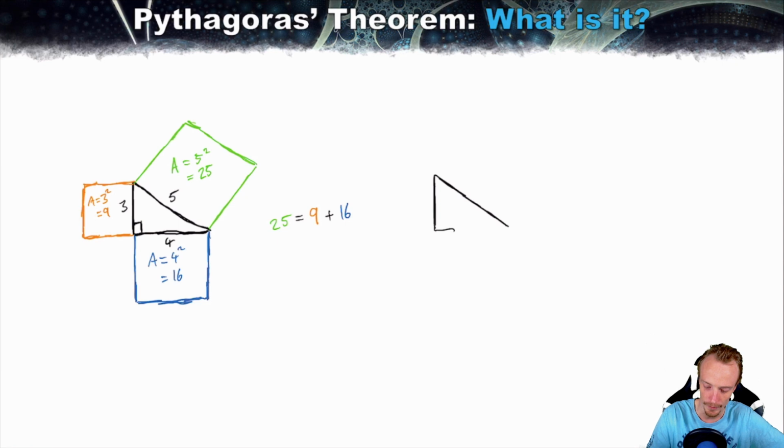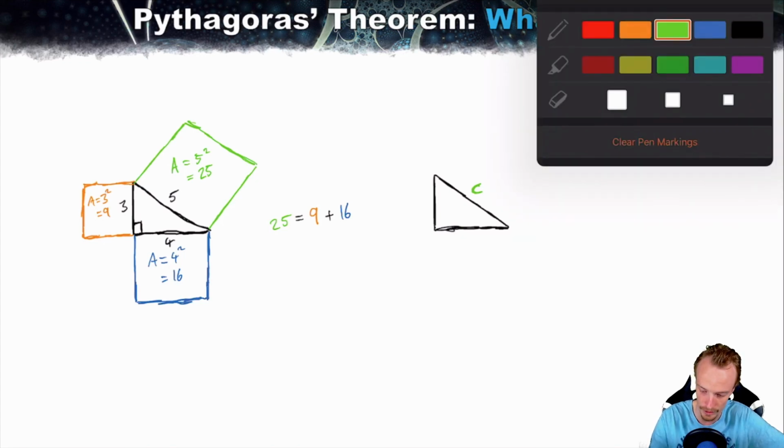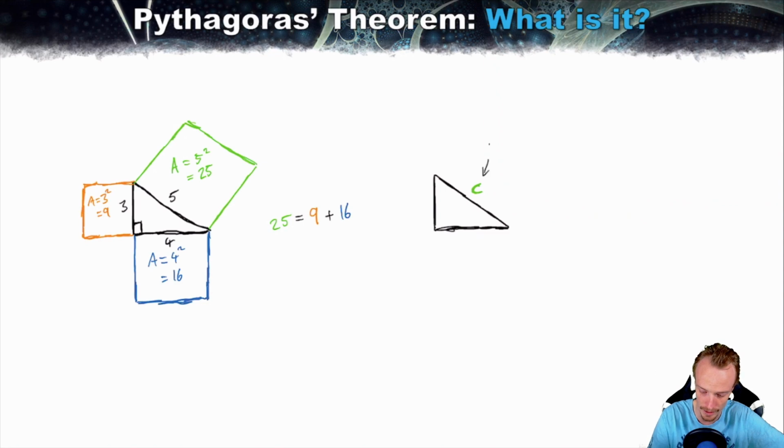We can generalize this. Instead of saying that we've got 3, 4, and 5 as our side lengths, let's call the longest side C. And I'm also going to say that this longest side is known as the hypotenuse, because it's really important to get to know the language.